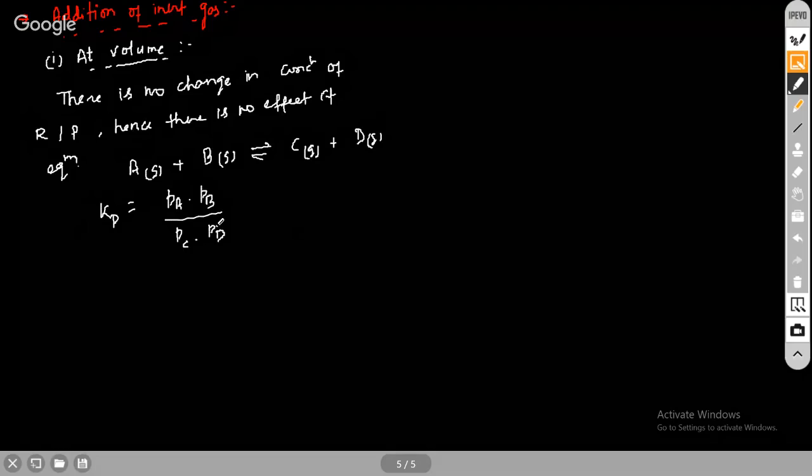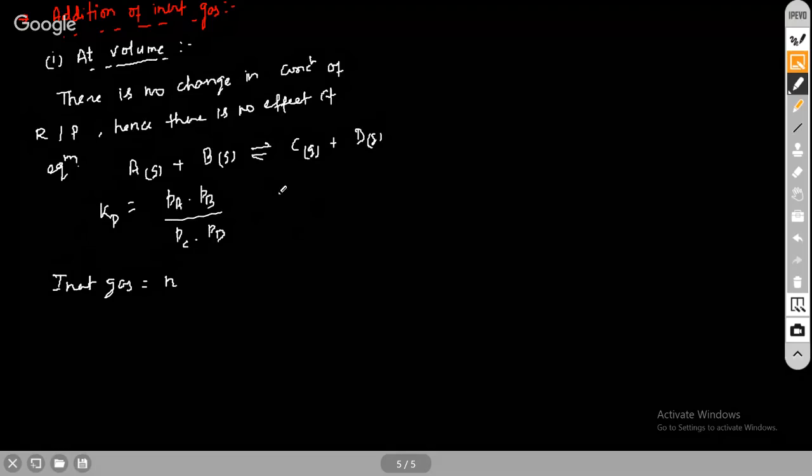Now in this, suppose you add an inert gas, whose number of moles is N. N moles of inert gas we are adding. If this will change the partial pressure of the individual components A, B, C, and D, then Kp value will change. If the partial pressure will not change, Kp value will also not change, right?